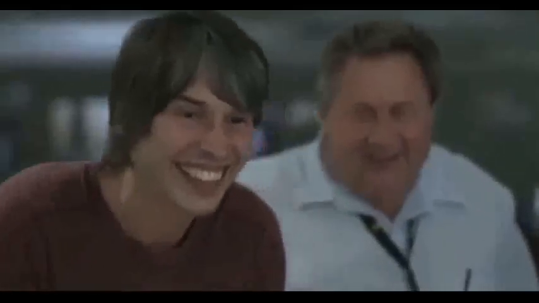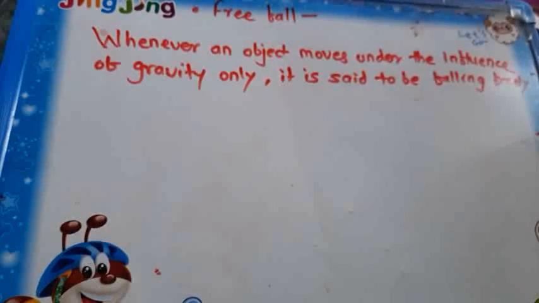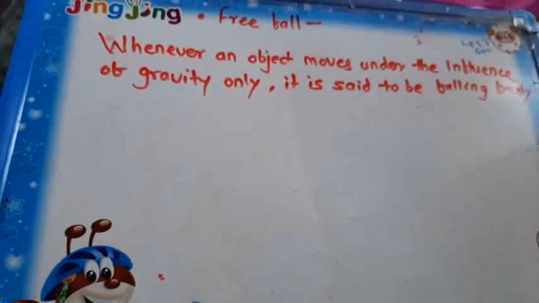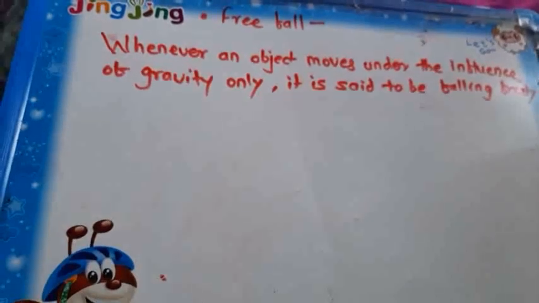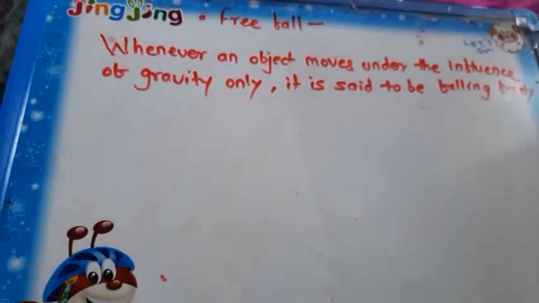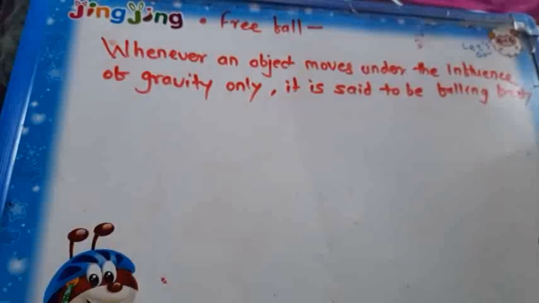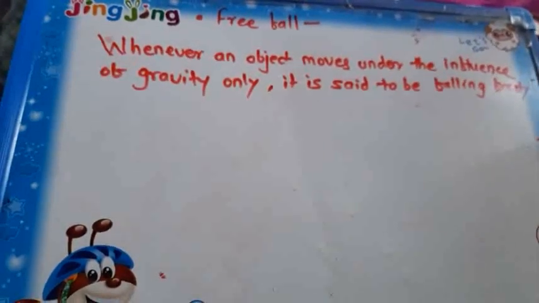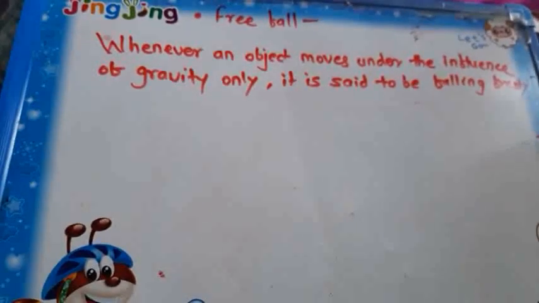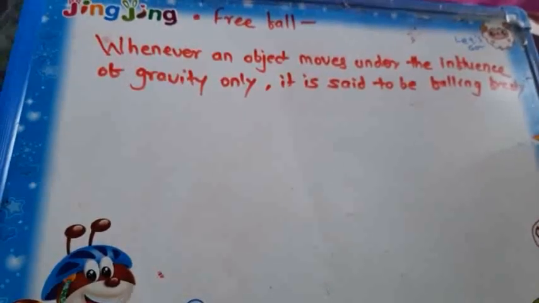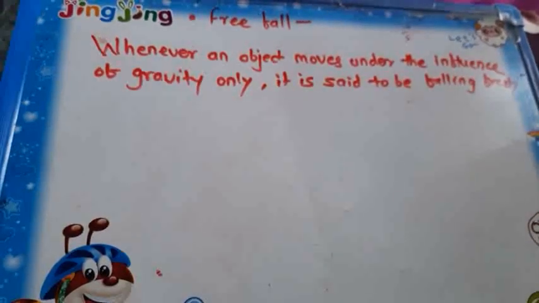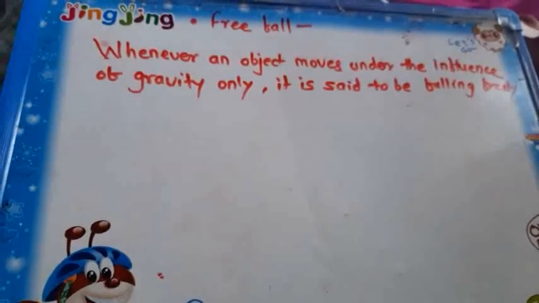Look at that. So in this video, you have seen that when the feather and ball were dropped in the presence of atmosphere, the feather came down slowly as compared to the ball, and in the second attempt, when the air was removed and vacuum was created, we have seen that the feather and ball both come at the same speed towards the earth.